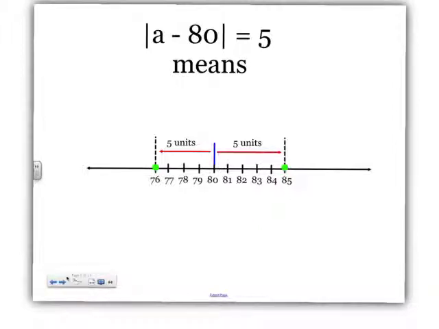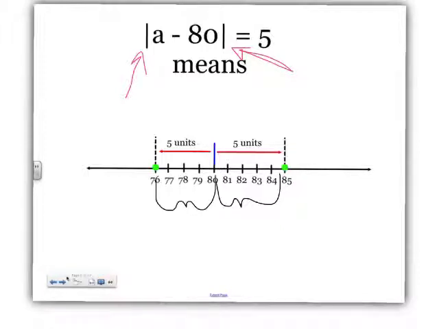If we took a look at this problem, the absolute value of a minus 80 means that the absolute value is equal to either 5 units in this direction or 5 units in that direction. Because when we're talking about a distance, which is what the absolute value is really telling us, we're talking about either a positive or negative integer that represents the distance from 0.